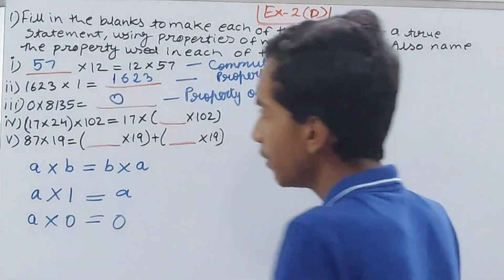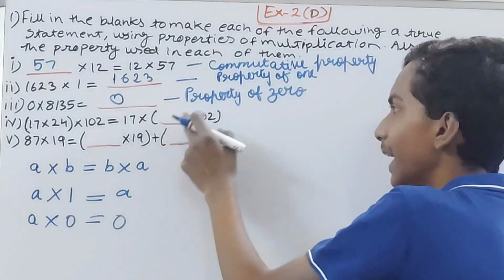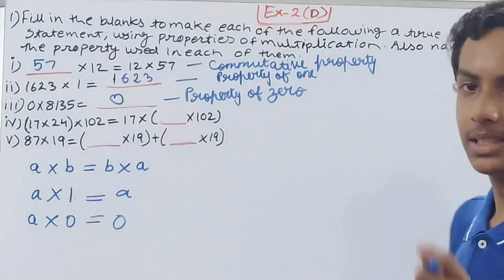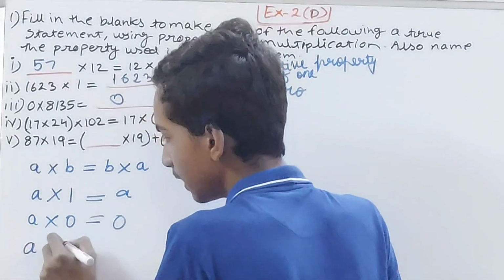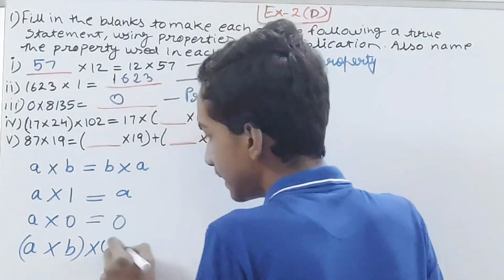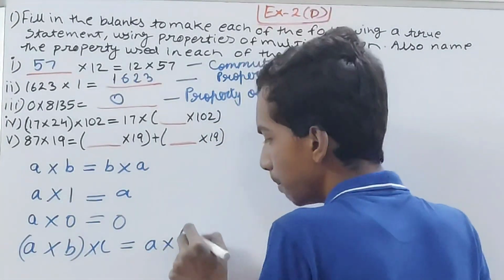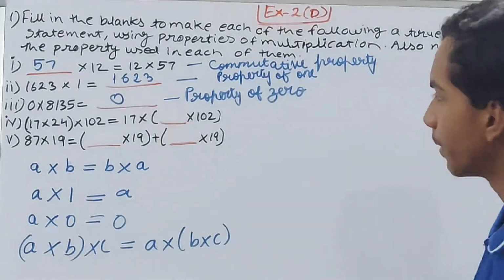Alright, now see this one. You have 17 into 24 into 102 is equal to 17 into dash into 102, and the brackets are put separately, right? This is also a property which we have learnt in addition. A into B into C is equal to A into B into C with different grouping. This is the grouping property. It's called the associative property, right?